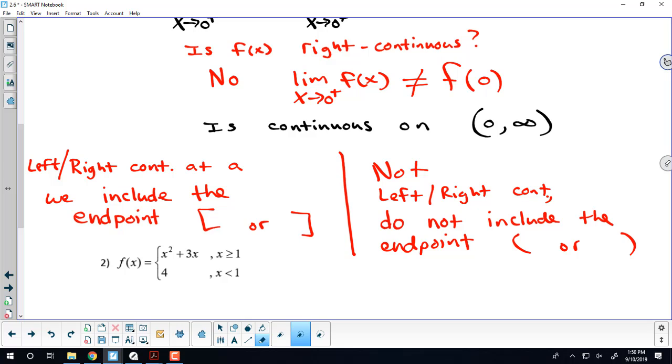The overall question, no, because we have to look at the limit from the left as well. Because all we know is what happens as we approach 0 from the right. So we have half the story. We've got to look at what happens as we approach 0 from the left.